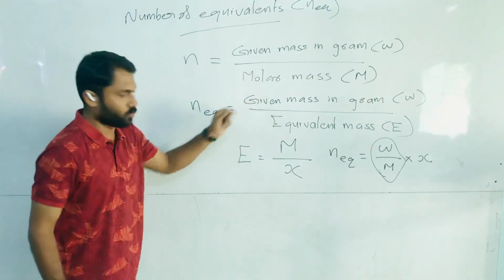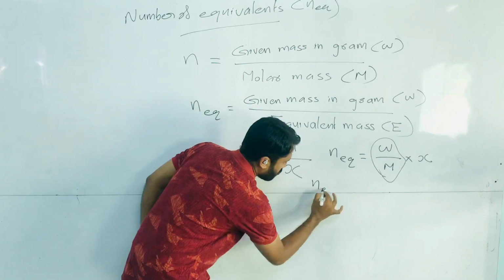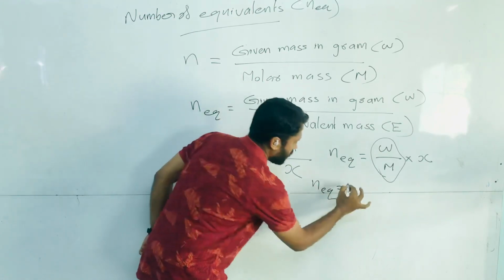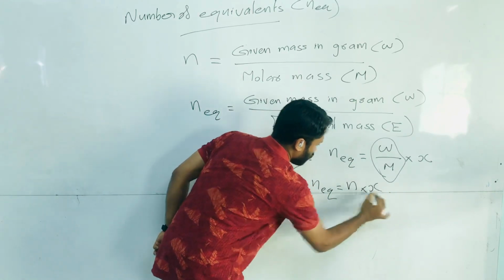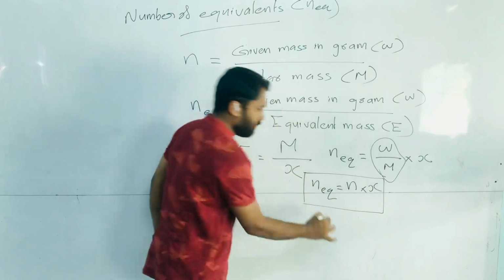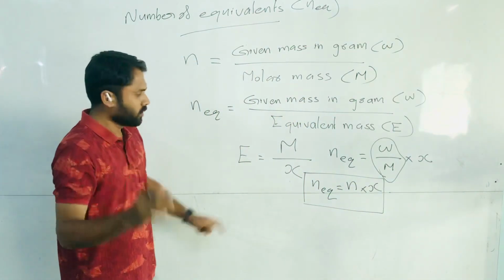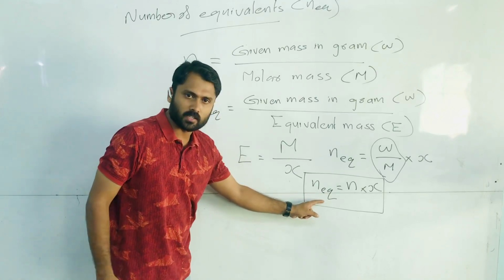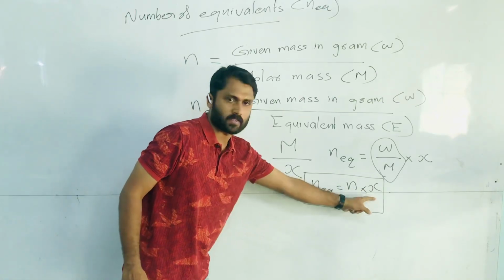That is number of moles. So number of equivalents equals number of moles into valency. In different calculations, we should know this equation: number of equivalents equals number of moles into X.